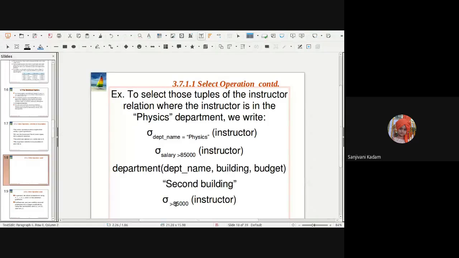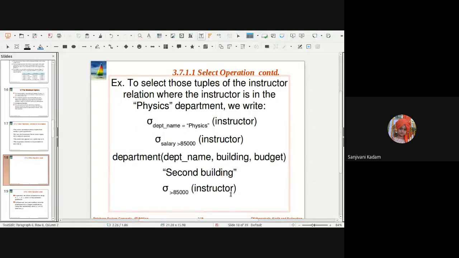That's why, whenever we pass the predicate, we should first apply a column on which we are going to check the attribute. We are going to check the predicate that building should be equal to second building.